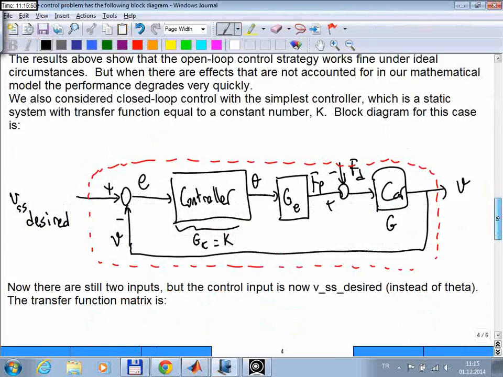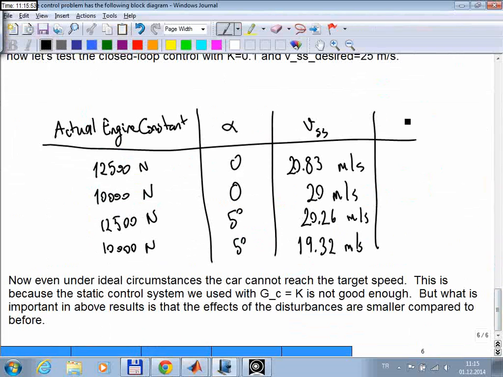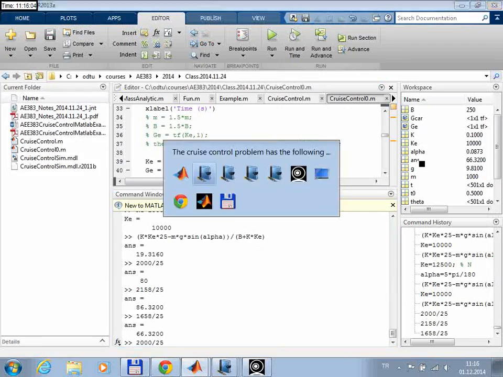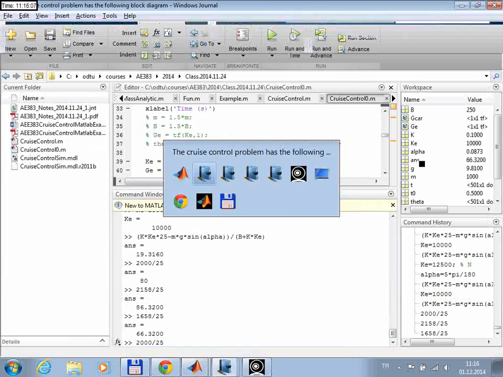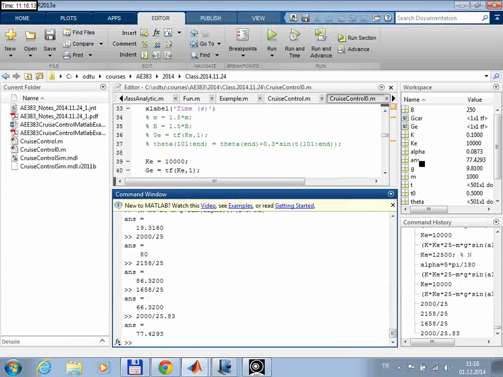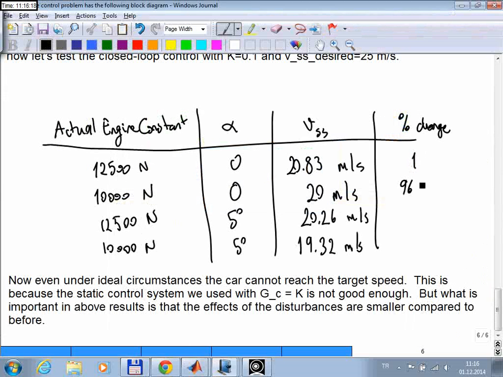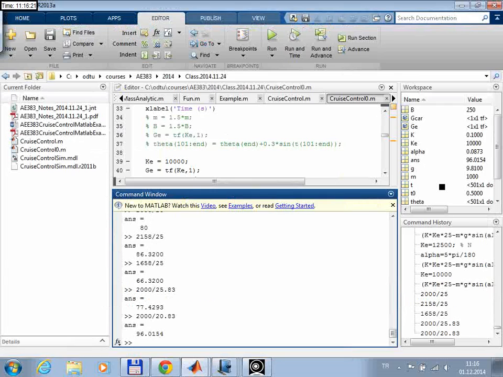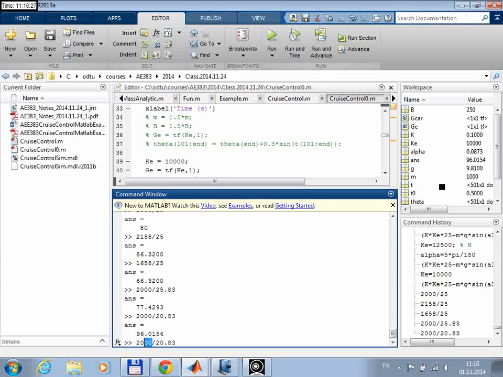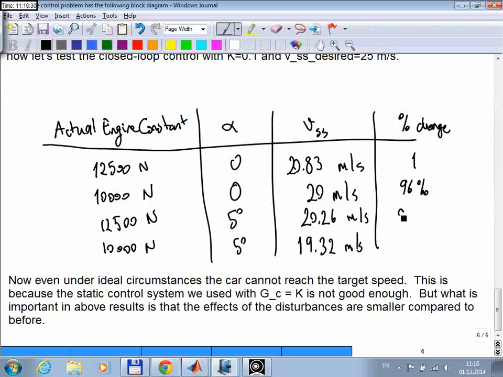So now let's find the same numbers for the closed loop case. If you call the first one one, the first case is 96%. The second case is 97%.